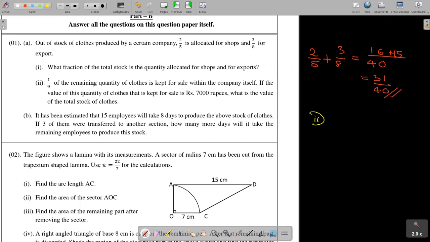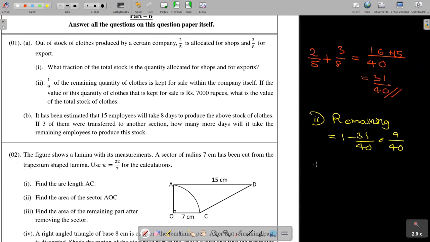So 1/9 of the remaining quantity is kept for sale within the company. So remaining is 1 minus 31/40. 1 is 40 over 40. This is 9 over 40. So its amount value is rupees 3,000.